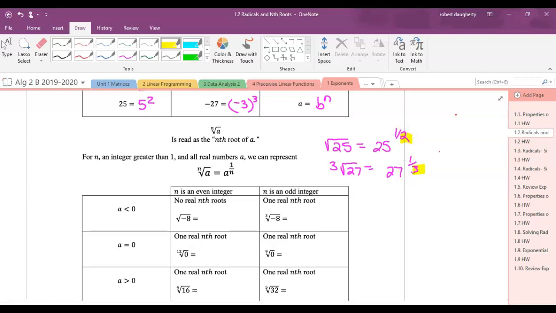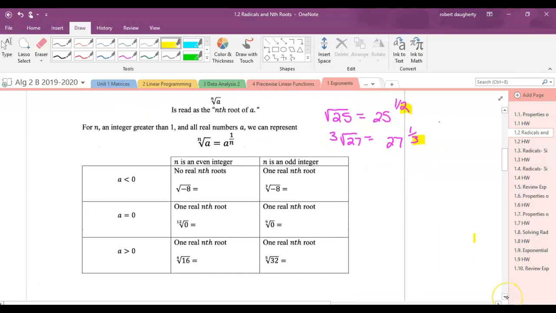Now we can look at what happens when we take even roots and odd roots of numbers. If you're taking an even root, something like the square root of negative 8, there is no real number that does this. This would have to be complex numbers. So you cannot get a real number from the square root of negative 8.